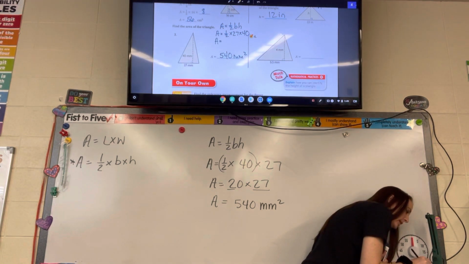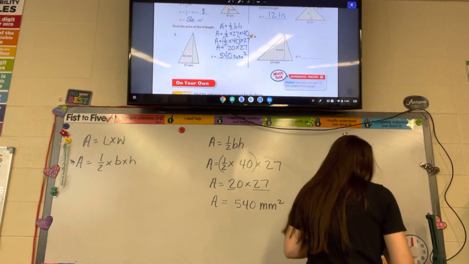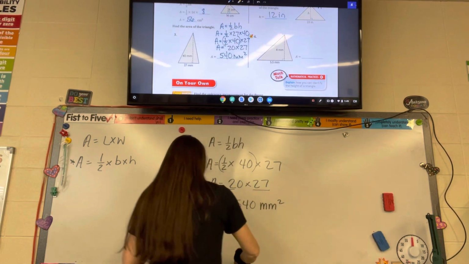Area equals 1/2 of 40 times 27. Area equals 20 times 27. So the area equals 540 millimeters squared.